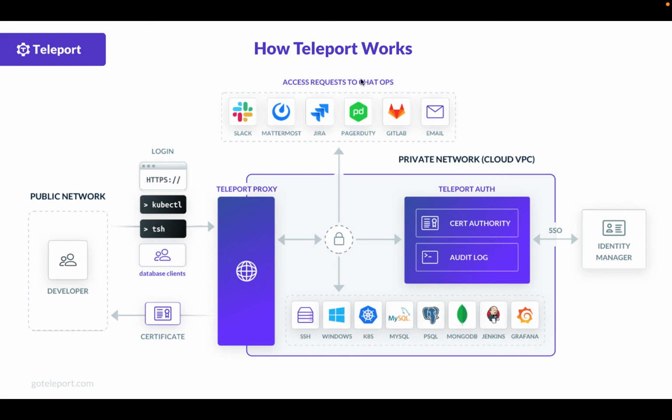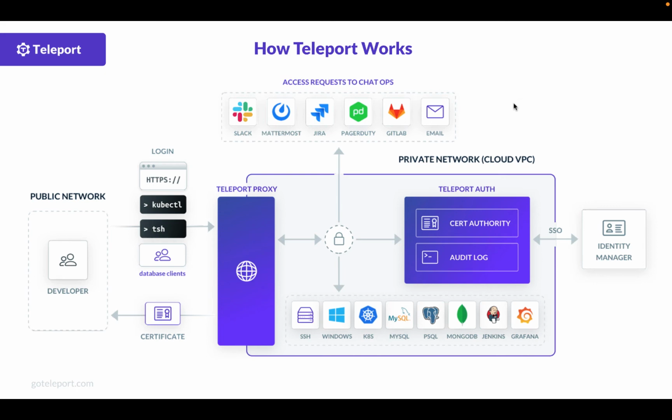The other part of this is access requests. As I mentioned, you should enforce least privilege for all users, but should somebody require temporary elevation of their privileges, that's where these access requests come into play. So this person could request some other role that has more privileges than what they have. That request can go to one of these third-party applications.